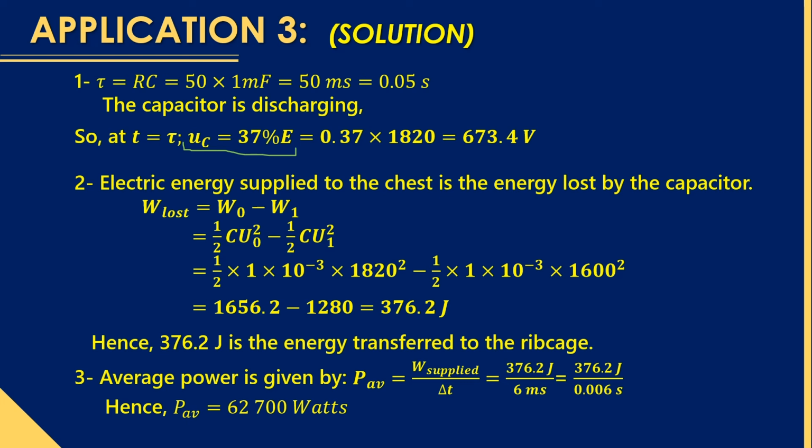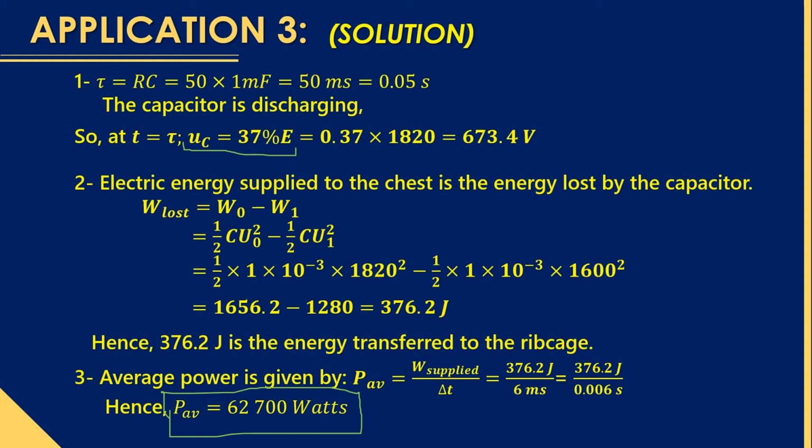Energy supplied is 376.2 joules divided by the time, which is 6 milliseconds or 0.006. The answer is 62,700 watts. So extremely high power is given to the heart. In fact, what jump starts the heart is this huge power, that energy which is delivered during a short period of time.